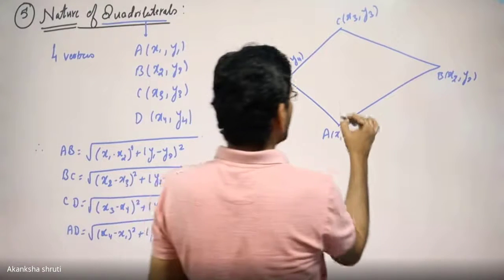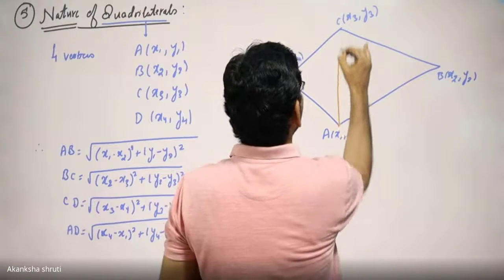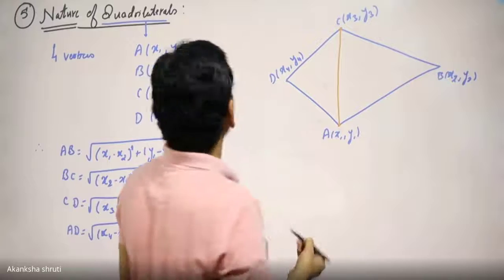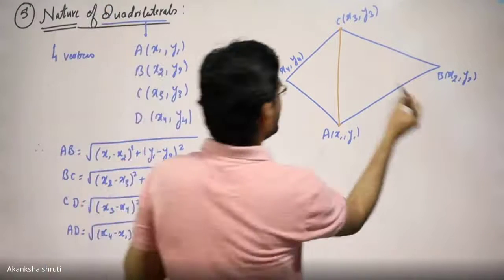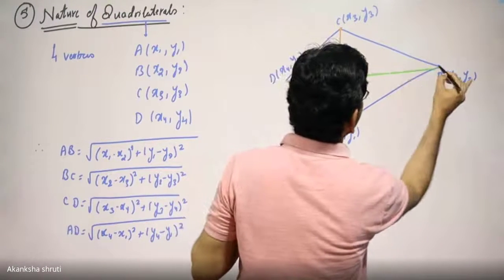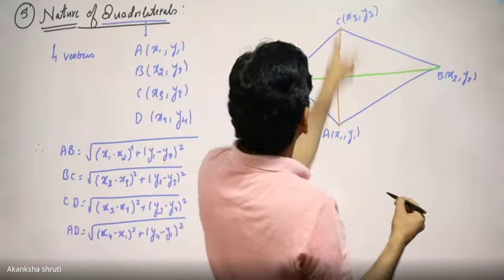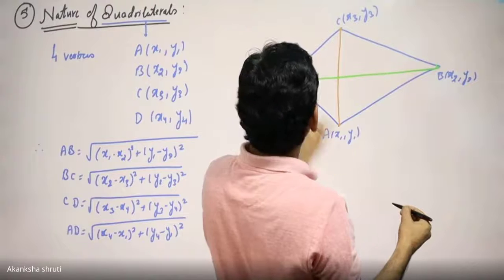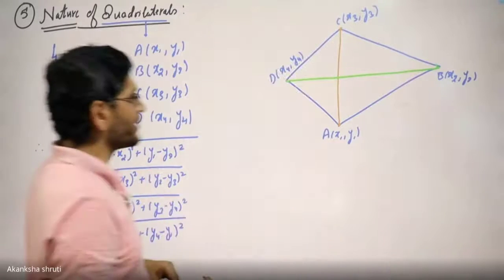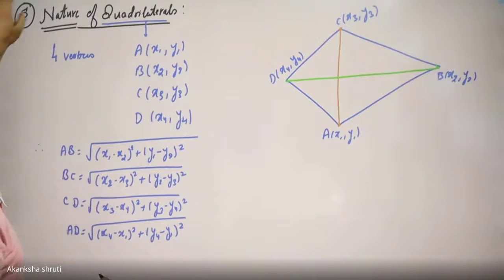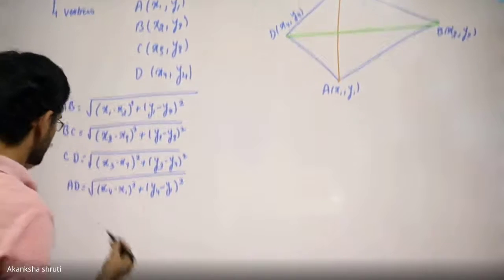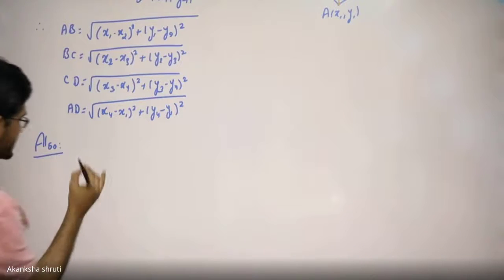Also, by joining A to C, we can get one diagonal, and joining B to D, we can get the other diagonal. Students, these AC and BD can also be calculated by applying the distance formula. Also, diagonal calculation is asked.